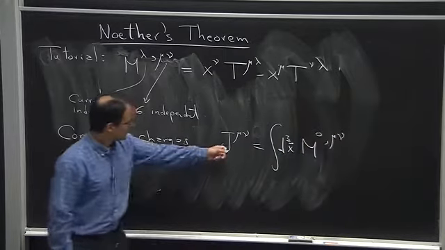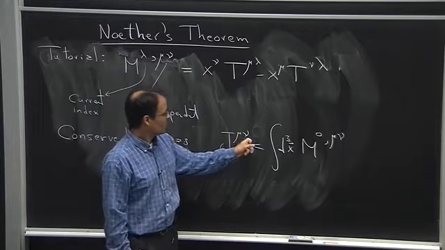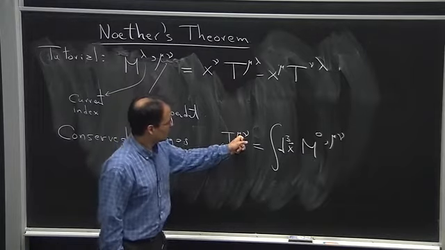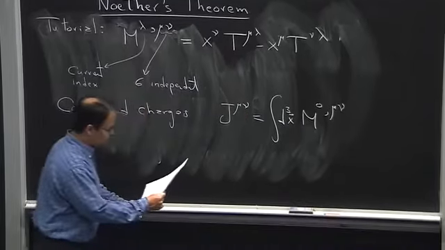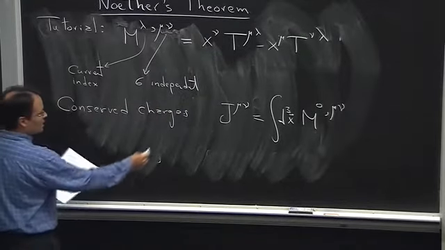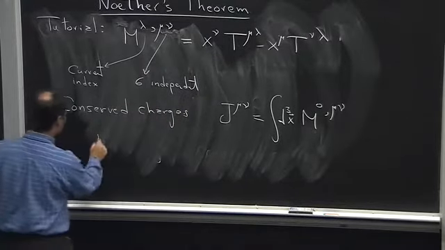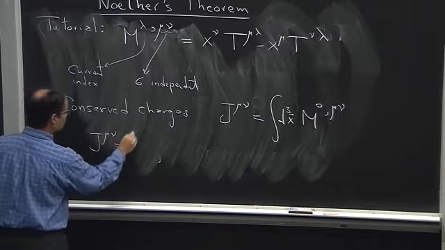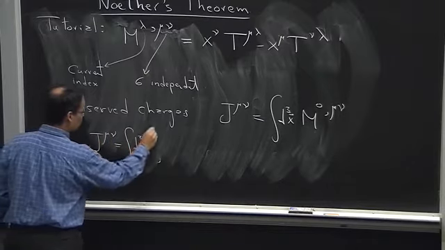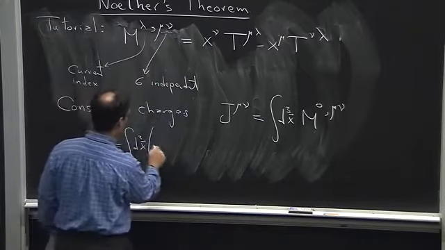So once again, we have one conserved charge for every transformation that we have. And therefore, they are given by, we just put the 0th component there.